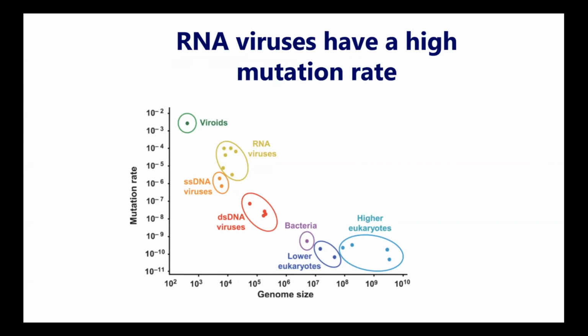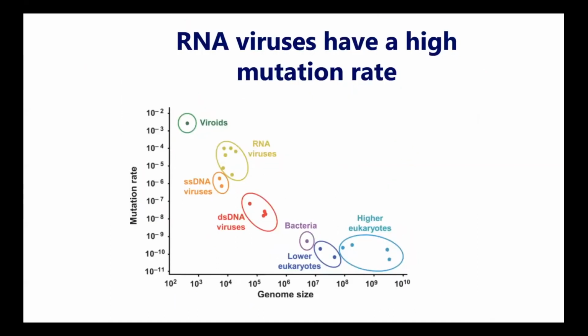RNA viruses have a very high mutation rate, about 1 mutation per genome in a small genome, while in higher eukaryotes like us humans and our other vertebrate animal friends, that rate has to be very low because we have very big genomes and we don't want to have to generate hundreds or thousands of offspring to get a good one. And so there are differences in the fidelity of our replication processes.